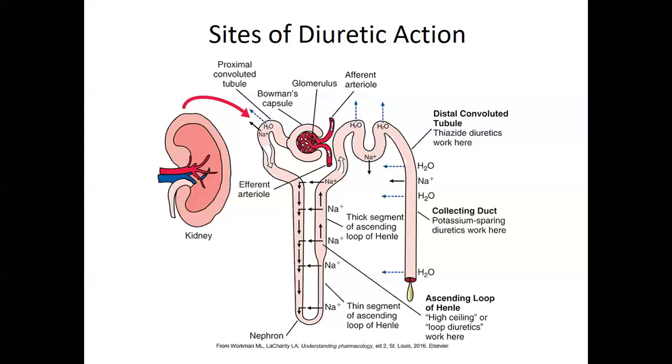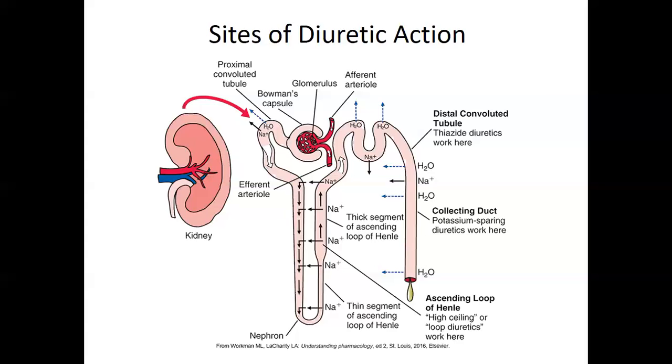The adverse effects of diuretics, because they increase the urine output, include dehydration. We said high potassium if it's a potassium-sparing diuretic, low potassium if it's a loop diuretic. So make sure that you're looking at the labs.